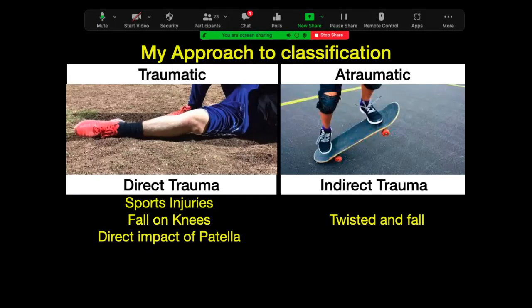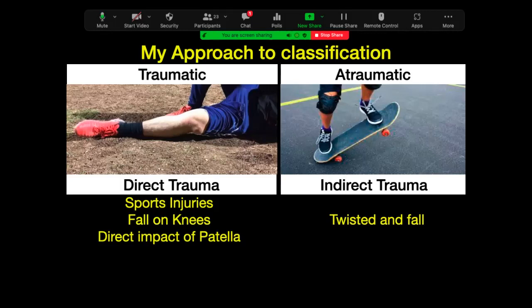So traumatic means when you have a direct trauma. So someone falls, a sports injury, a football lands on the knee, falls on the knee joint or hits the patella directly, or someone sits on the patella and then it dislocates. This is a type of direct trauma. So these types of patellar dislocation can be categorized as traumatic. The other group is indirect trauma. So someone falls, but he doesn't fall and then hit; because the patella dislocates, that's why he falls.